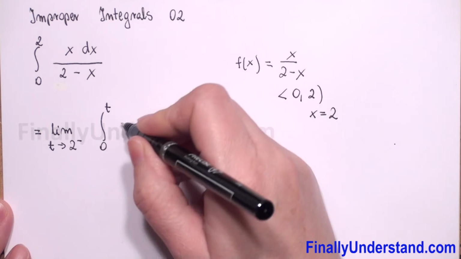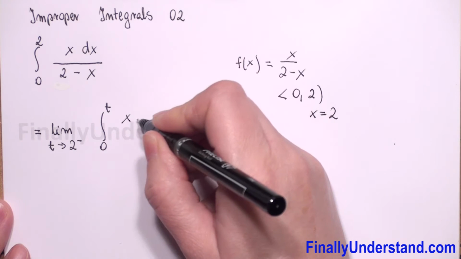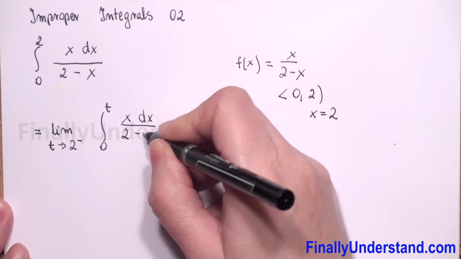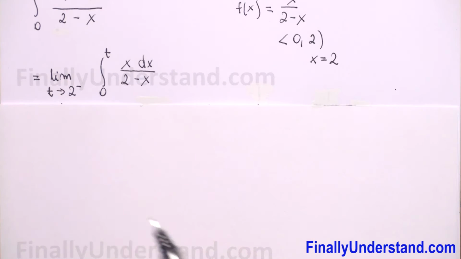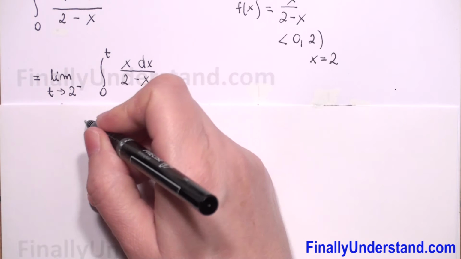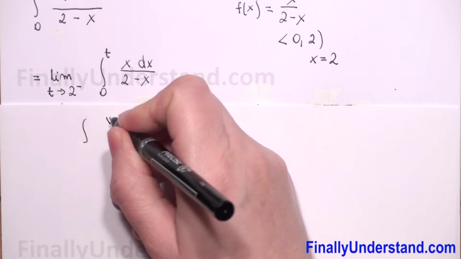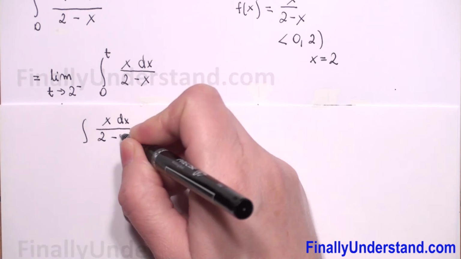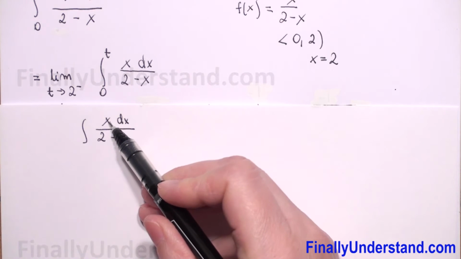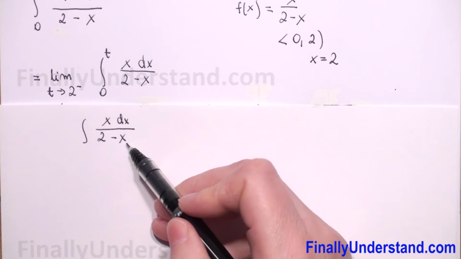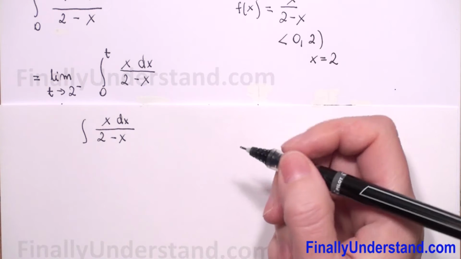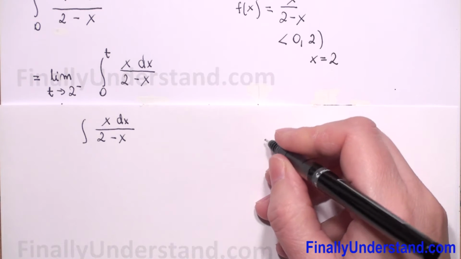And now we just copy our integrand, x dx over 2 minus x. To find this limit, first we will find the integral of x dx over 2 minus x. Because in the numerator we have x in first power, in the denominator we have x in first power, first, to find this integral, we will do long division.